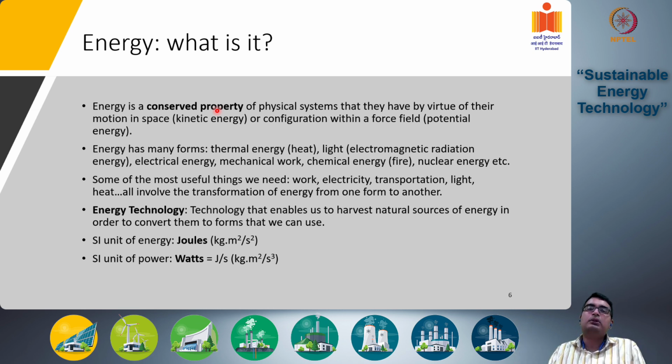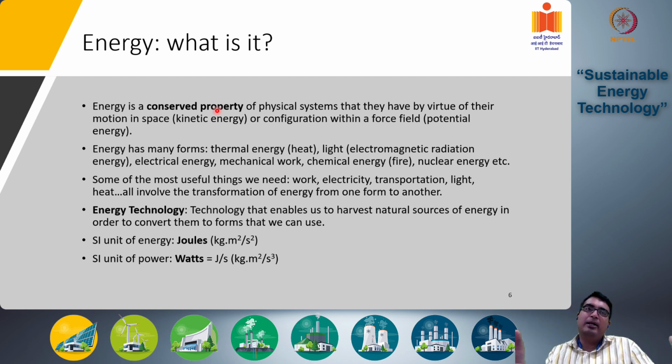Now, what is this a property of? Because physical systems have many properties, correct? Two things. It is a property that physical systems have by virtue of their motion through space, called the kinetic part of energy, or by virtue of their configuration within a force field, which is called the potential component of energy.